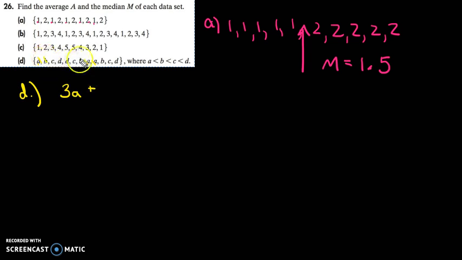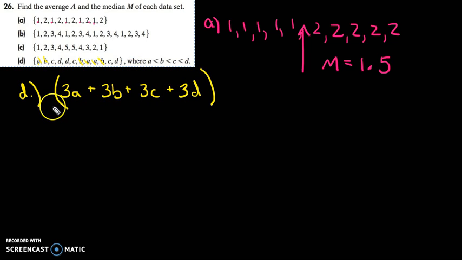And then I have 3 B's, and 3 C's, and then 3 D's. So this is like the whole line all added up.